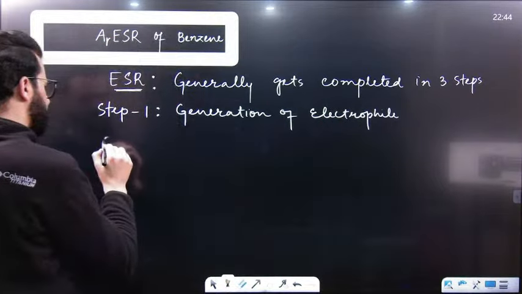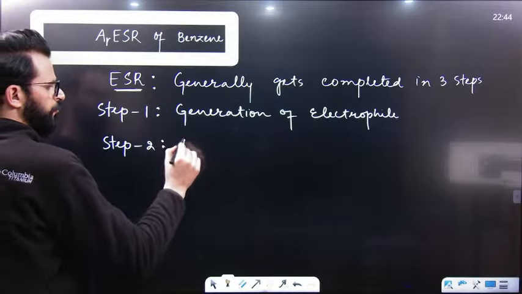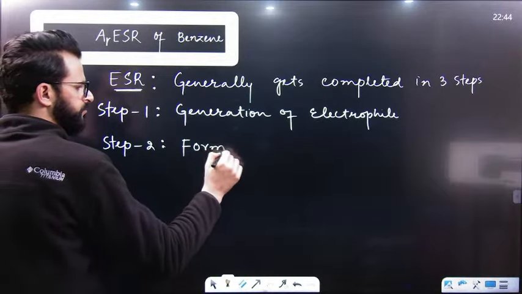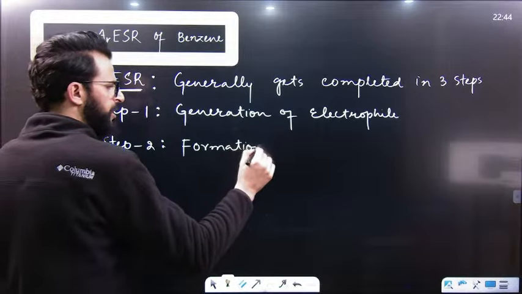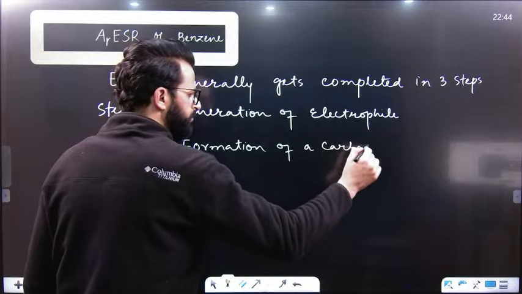Step 2 is formation of a carbocation intermediate.